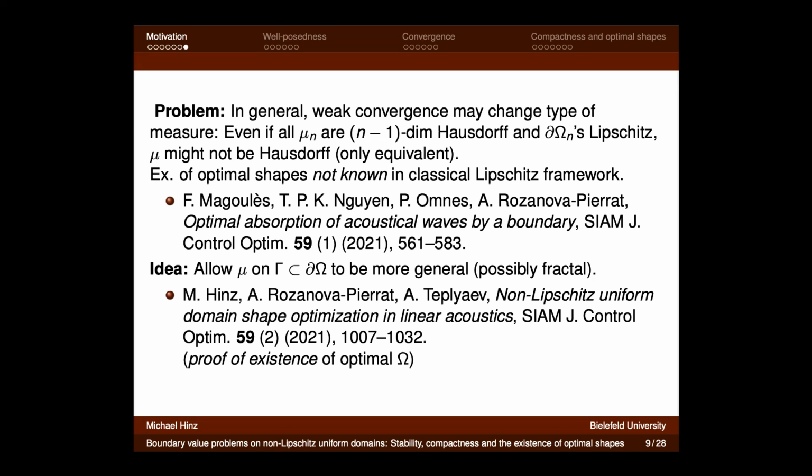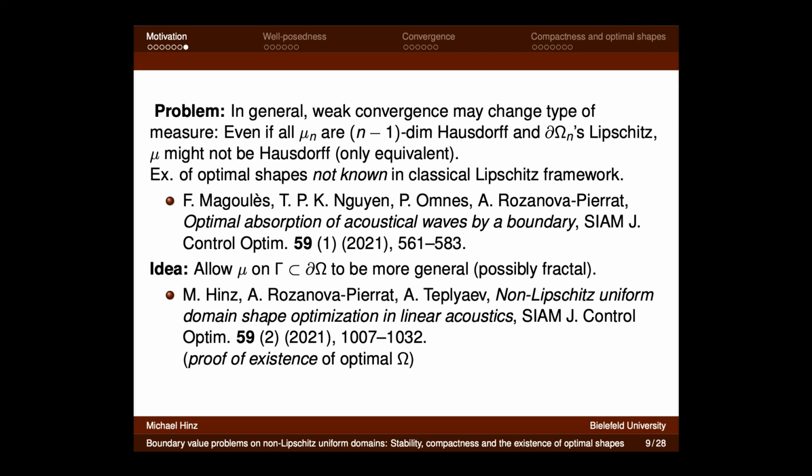On Lipschitz domains, it's typical that you would like to take the reasonable n-1 dimensional Hausdorff measure on the boundary, right? And then this is what you work with. You can prove well-posedness, you can do everything, and then you go to convergence, and you observe that if you have bad luck, then the mu n's, which are all Hausdorff measures on the Lipschitz boundaries, converge weakly to a target measure mu, which is also some good measure, but it's no longer a Hausdorff measure.